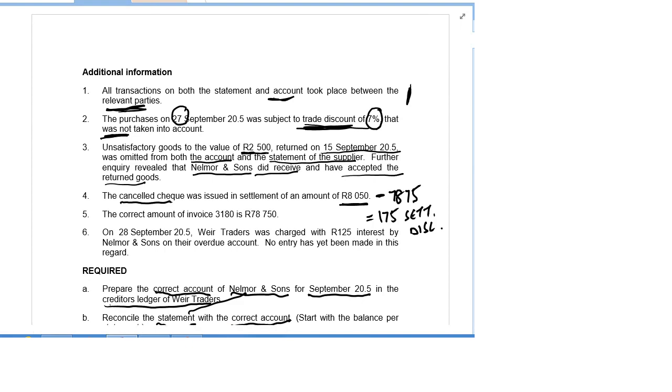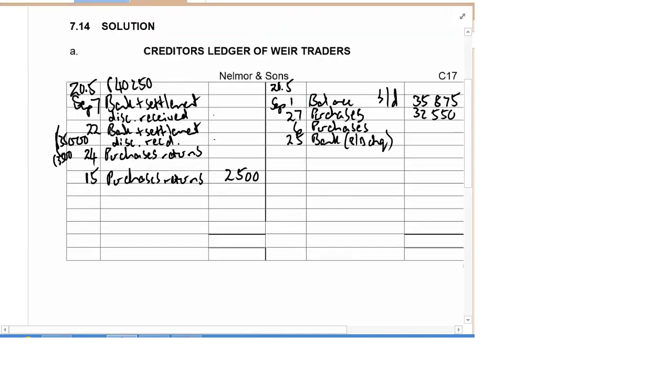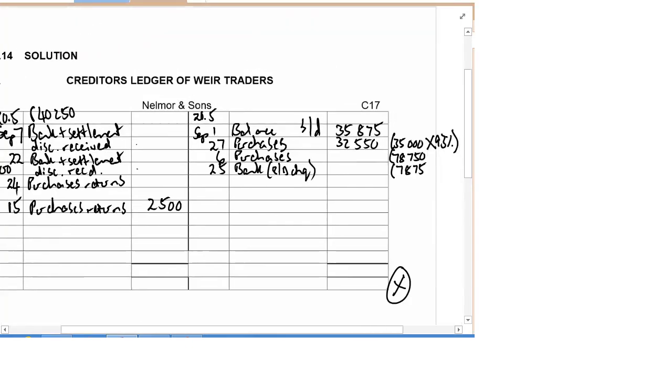So you will remember that already we've recorded the fact that there's an RD check. So I know that that RD check is 7,875. And I also know now that I need to add back the settlement discount that I received because the payment hasn't been made. It means I'm not entitled to the settlement discount anymore.